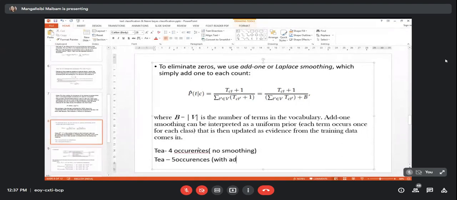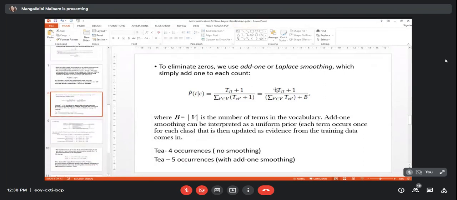So like this, suppose you consider term T, it actually has 4 occurrences in the collection and there is no smoothing, but with smoothing we will be adding 1, so it will be 5. So this also we will use in the formulas for the calculation purpose.